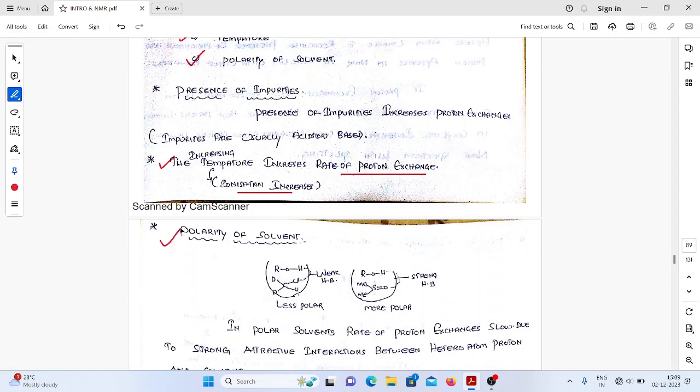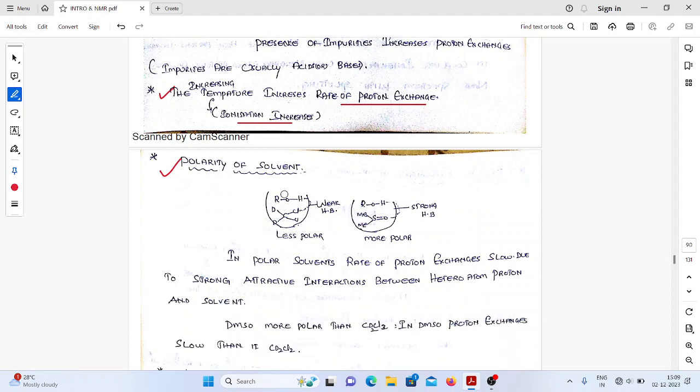So by increasing the temperature, proton exchange is going to increase. Next, polarity of solvent. If you use a non-polar solvent and a polar solvent, what happens? You have the sample taken in the deuterated solvent, non-polar or more polar. In case of the polar, hydrogen bonding is developing. In case of the non-polar, there is no hydrogen bonding.